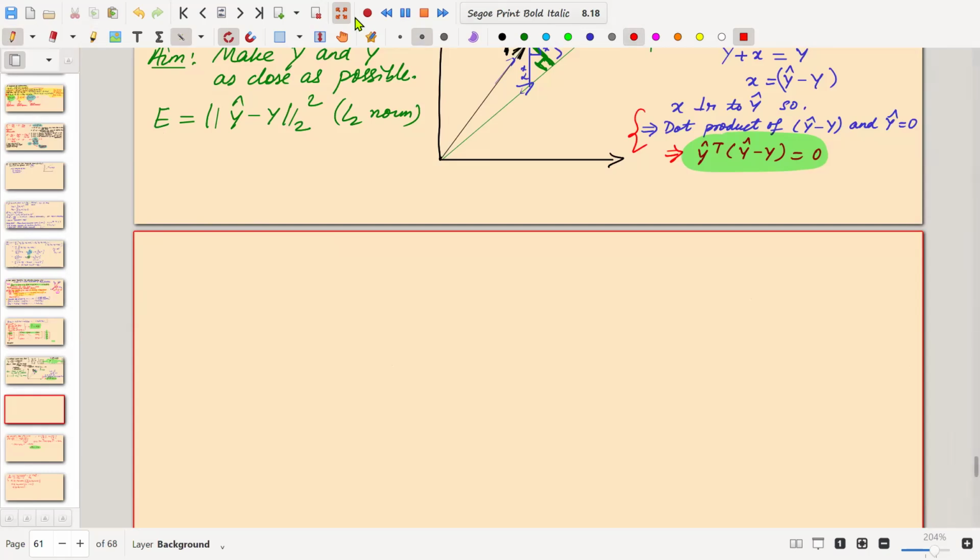So let me write here Y cap transpose times Y cap minus Y equals 0. What is Y cap? Y cap equals A beta, right? Can we substitute that? So what will be Y cap transpose? A beta transpose.